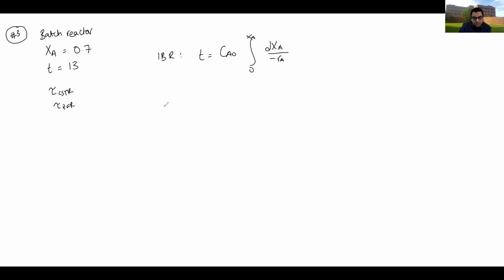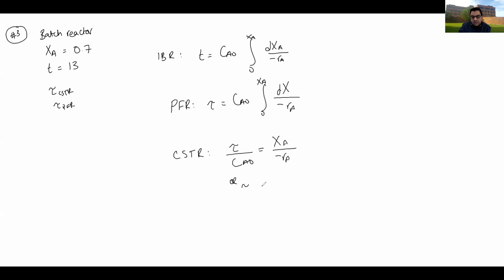For a PFR, tau is equal to CA naught integral from 0 to XA of dXA over minus RA. And for a CSTR, the performance equation was what? I think it was tau over CA naught is equal to XA over minus RA, or basically tau is equal to CA naught XA over minus RA.